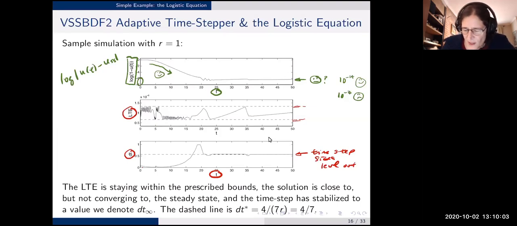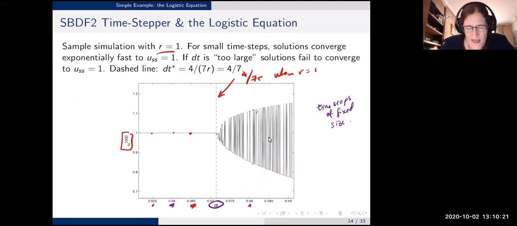And so if you ask, what is this value? It's precisely 4 over 7r, if r is equal to 1. What this means is that the adaptive time stepper takes larger and larger time steps, but then it focuses in on this one time step. It takes time steps as large as it can, but no larger.